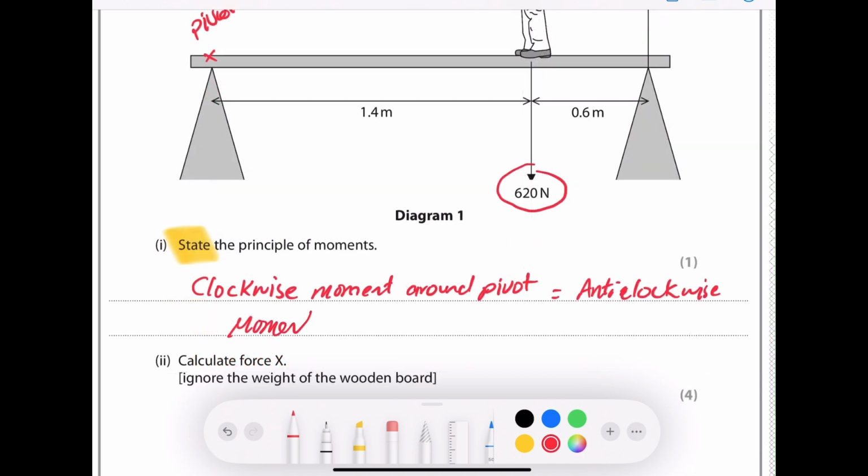Is that enough to get 1 mark? Yes. You might go for F1 times D1, distance 1, equals F2 times D2. One side is clockwise and the other side is anti-clockwise.